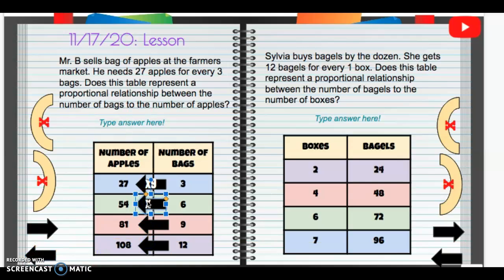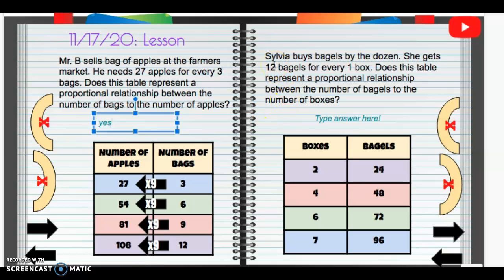So 6 times 9 is 54. 9 times 9 is 81. 12 times 9 is 108. So yes, does this table represent a proportional relationship? Yes.